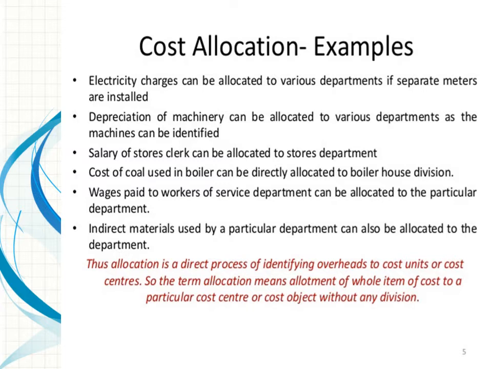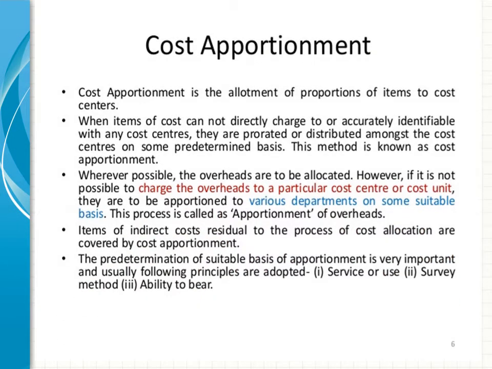So allocation is a direct process of identifying overheads to cost units and cost centers. The term allocation means allotment of whole items of cost to the cost center and cost unit without any division.